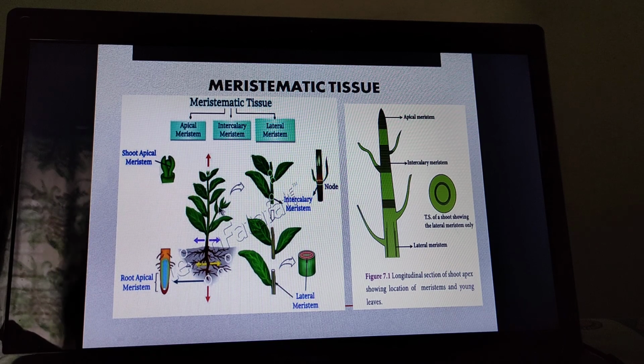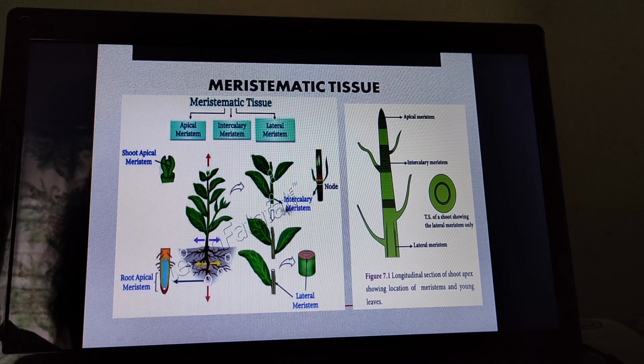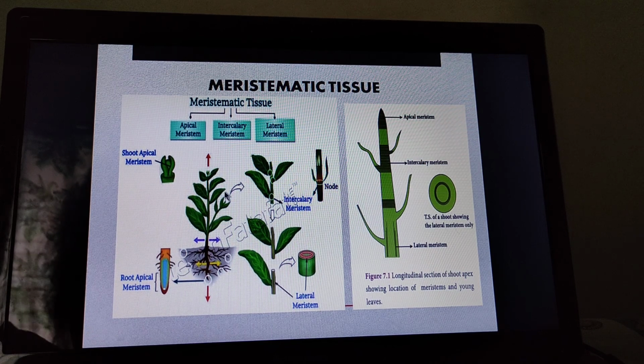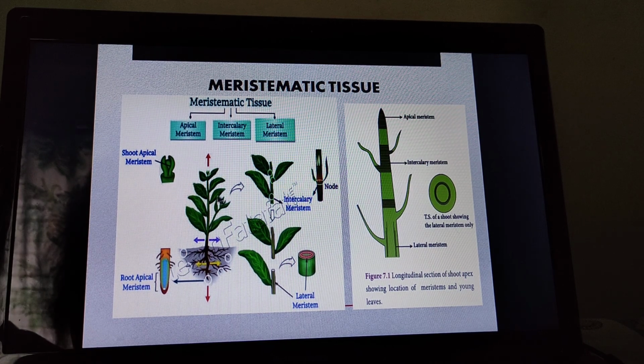Next, know about intercalary meristem. Where is the position of the intercalary? Look at here, the portion of the shoot from where leaf emerge out. This portion is known as node.